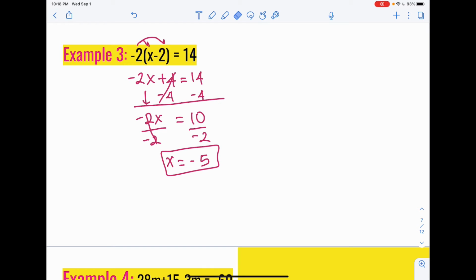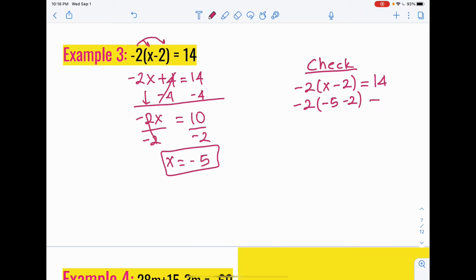Let's go ahead and check. Let's write the original equation. And let's substitute negative 5 for x. Based on the order of operations, we are going to take care of the parentheses first.